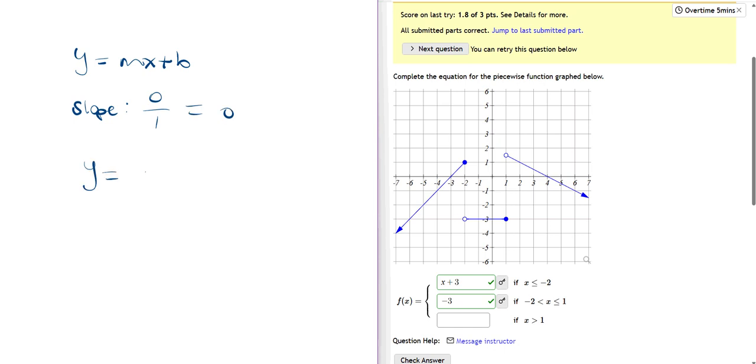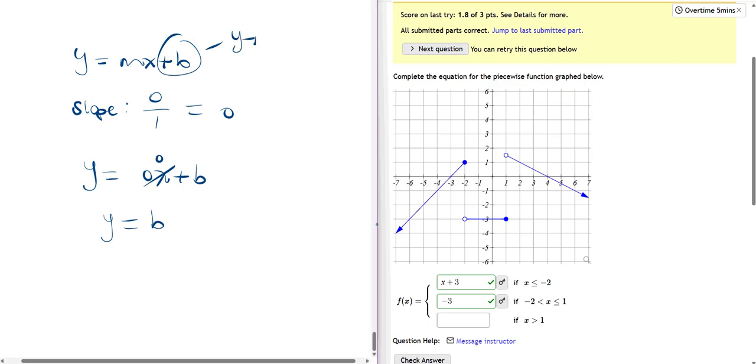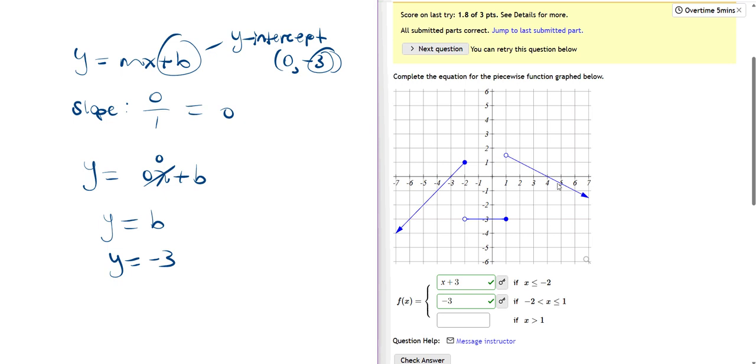And if I plug that in, the 0 times x is going to 0 out, so I'm going to end up with y equals a number, right? And then I can see that this is your y-intercept, right? Well, on my graph, I can see that the y-intercept in this case is at -3, right? So y equals -3.